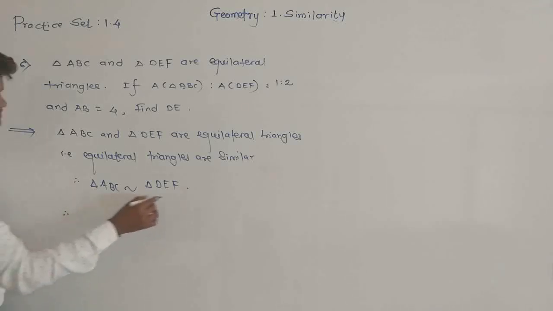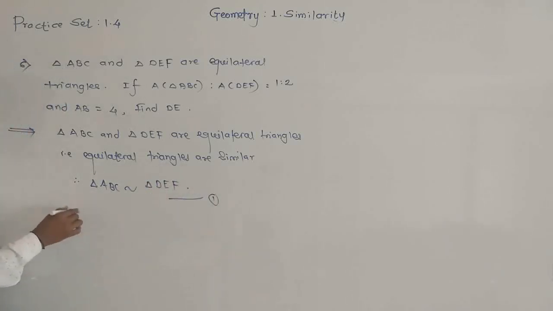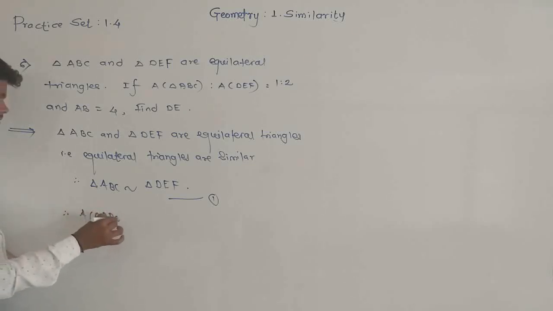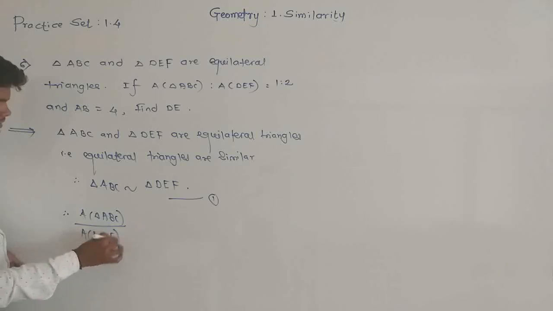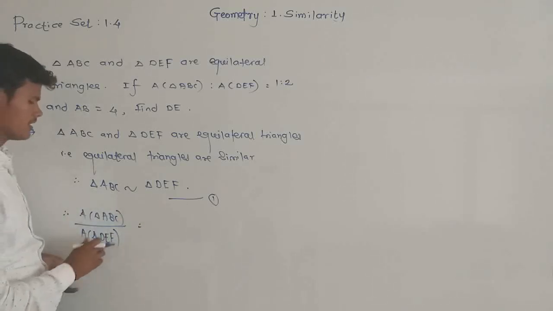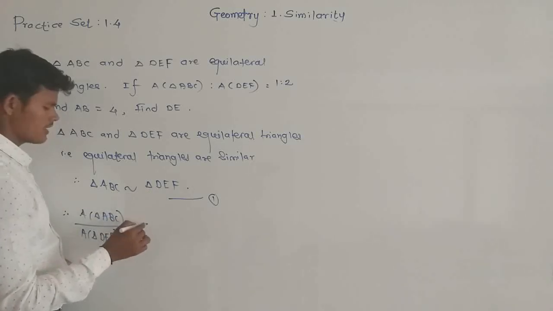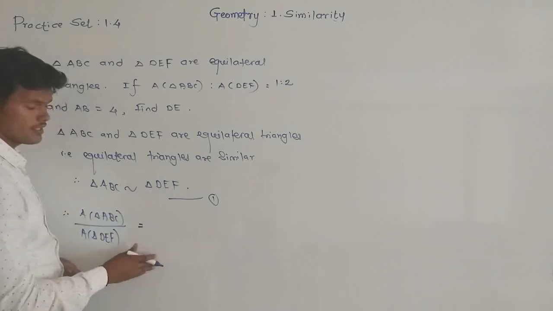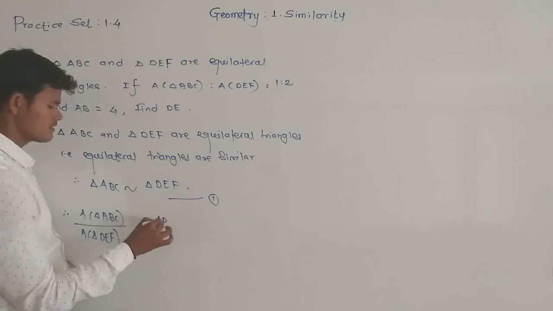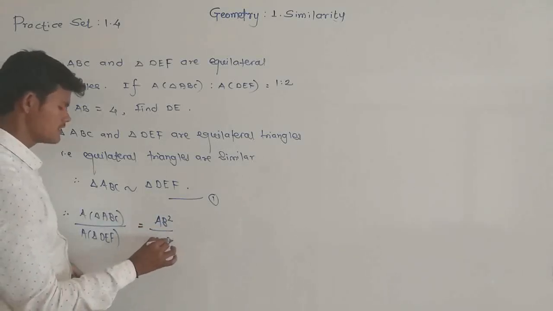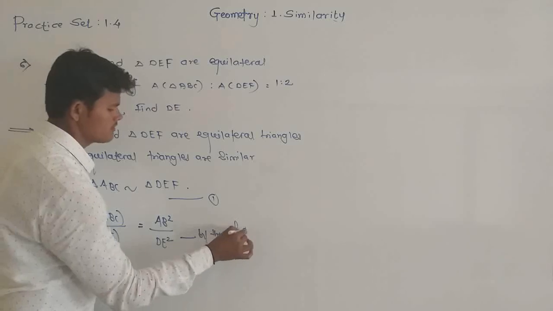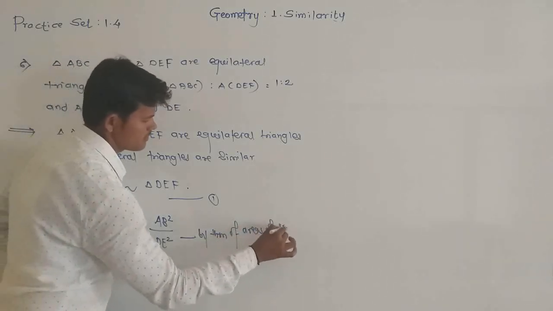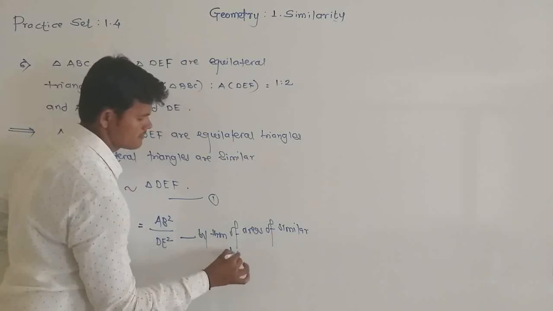We get the ratio of areas of triangle ABC to area of triangle DEF, which is given. If two triangles are similar, then by using the theorem of areas of two similar triangles, we get the ratio of their corresponding sides, that is AB square upon DE square, by the theorem of areas of similar triangles.